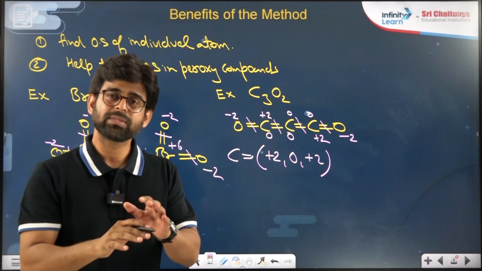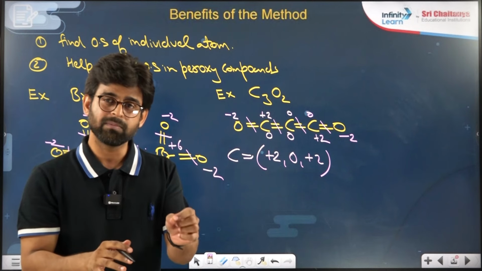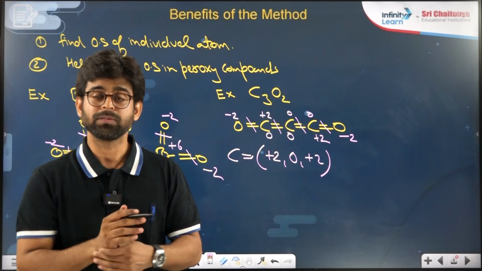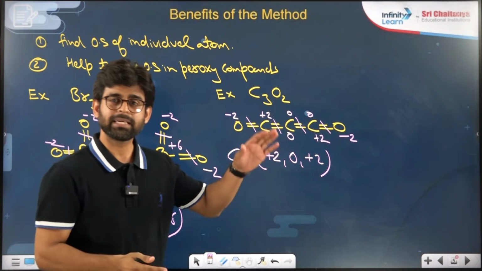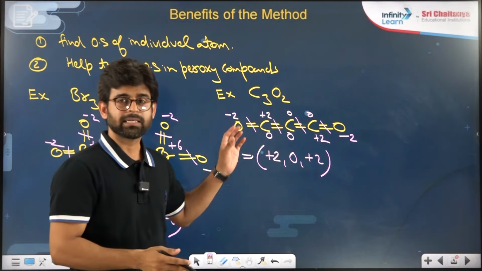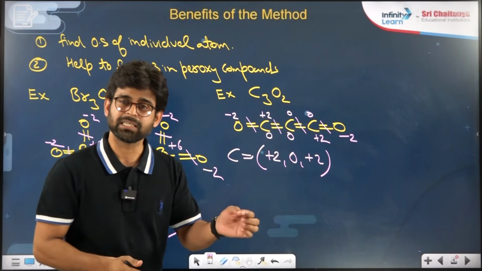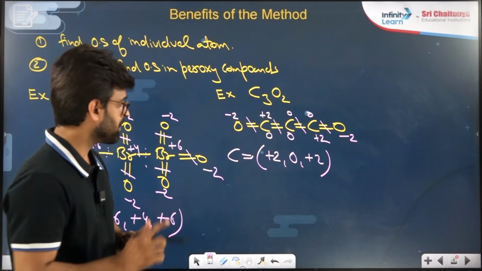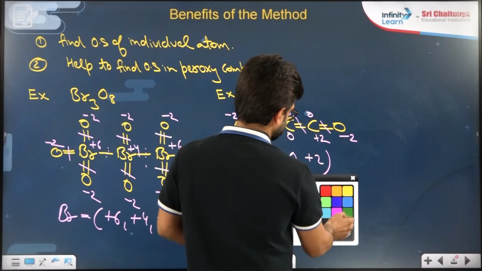But just by the formula you can never tell that one of the carbons is present in 0 oxidation state. So you cannot give a complete explanation for individual atoms by just the formula. You need the structure. Clear? One more thing I will take here.